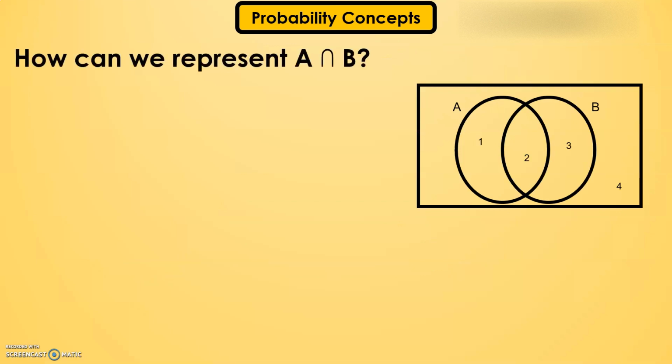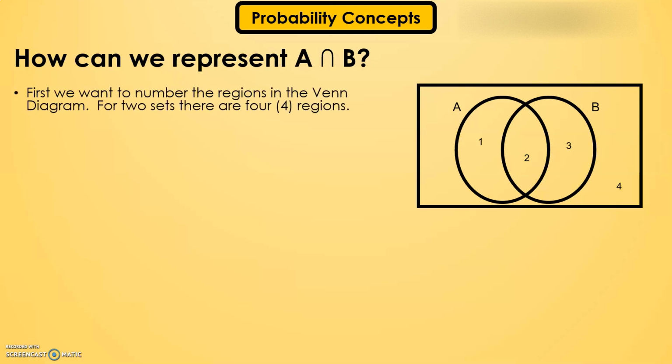So how can we represent A and B? First of all, we need to think about what each group does. So there are 2 sets and 4 regions. When it's an intersection, what you have to remember is we include only the ones that they have in common.